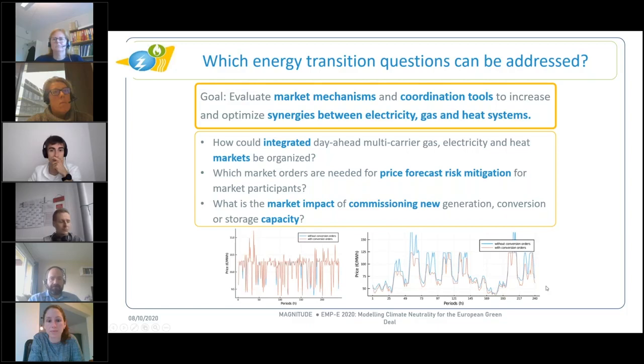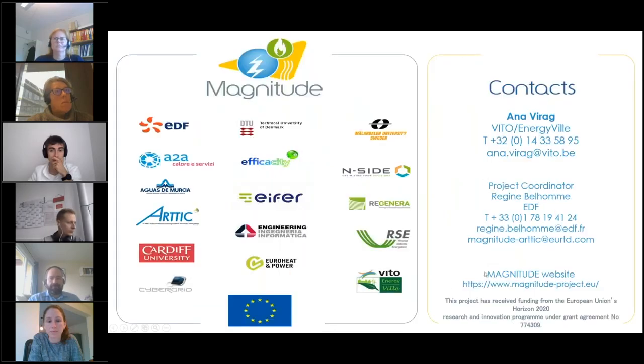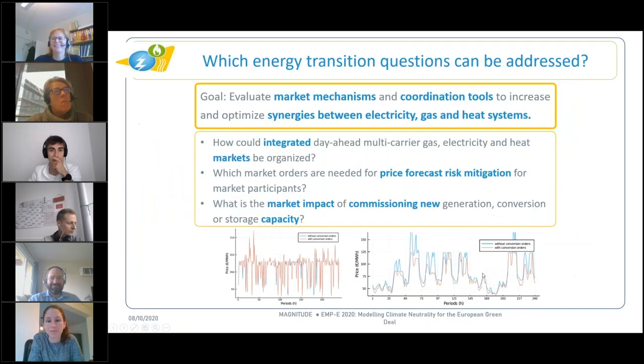Next to that, previous slide, I'm not done yet. This tool can also help evaluate different market profits per technology, and that can be used by investors, for instance. They can already calculate their expected profit, and that can help them be more brave to invest in technologies that can also mitigate climate change.